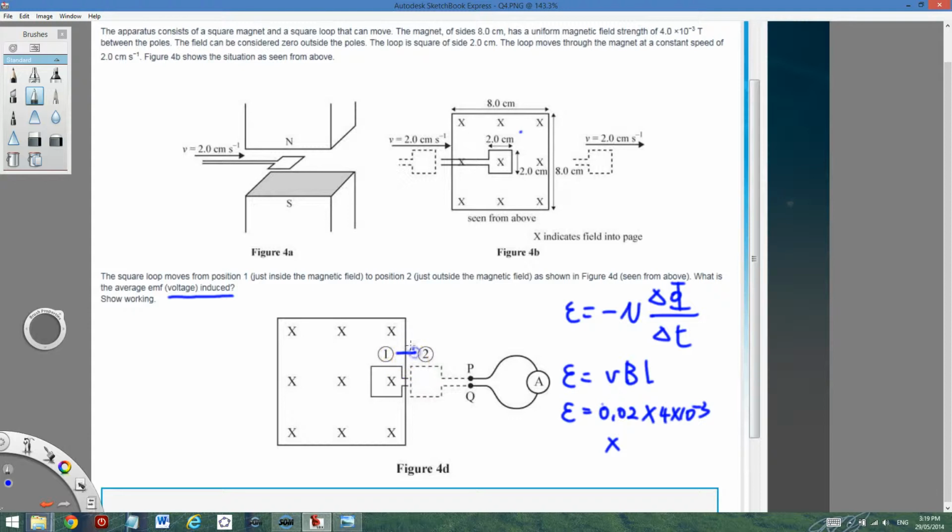If it moves like this, then the length they're talking about will be this length there, which is 2 centimeters, 0.02 meters. Type it in your calculator, then you have the voltage of the wire.